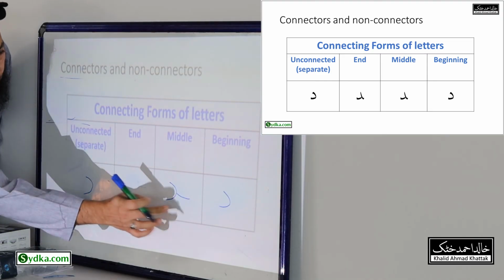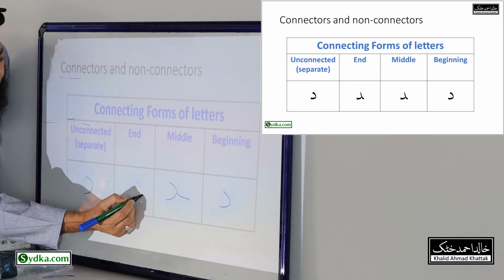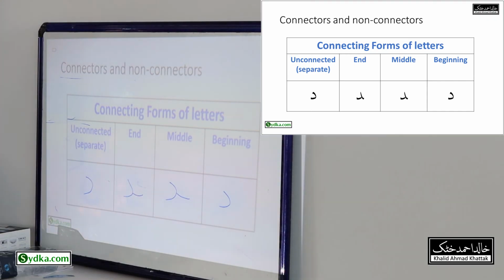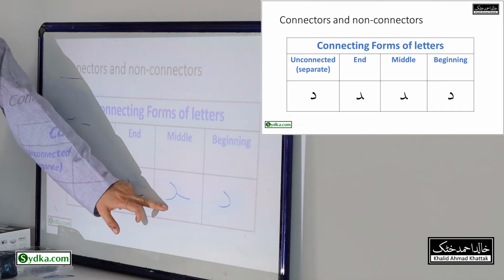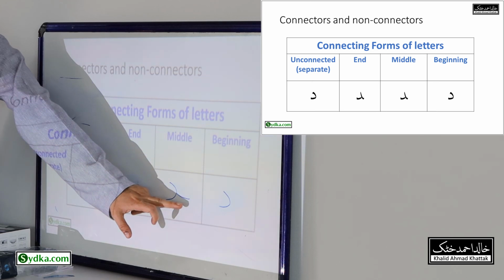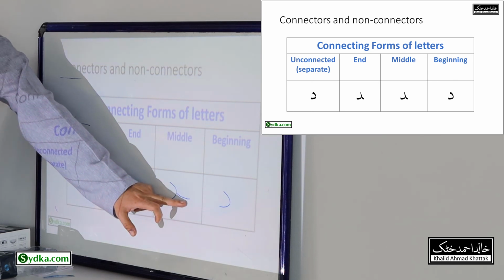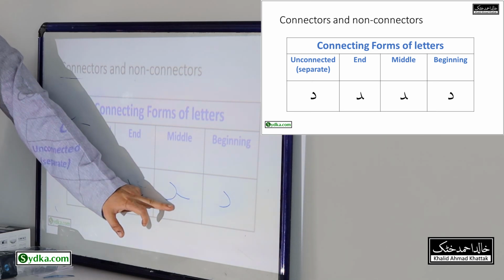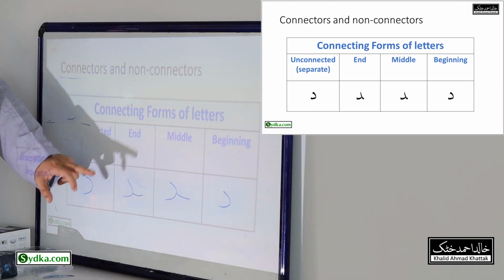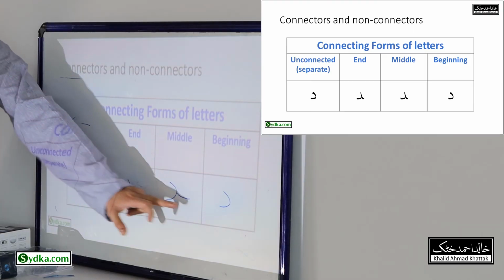And at the end, it looks exactly same as if it comes in the middle. That's the difference. In connectors, you can connect other letters before it and after it.